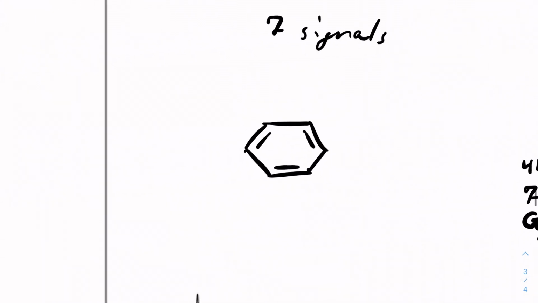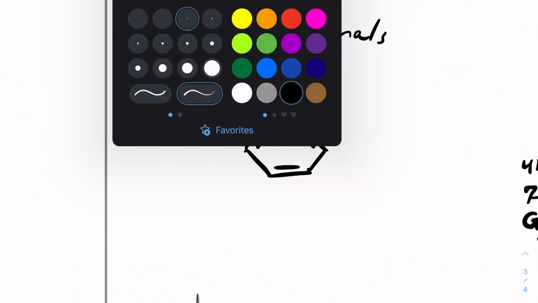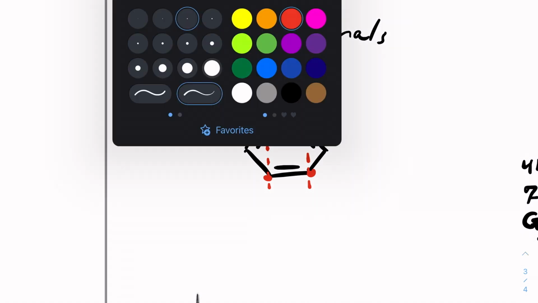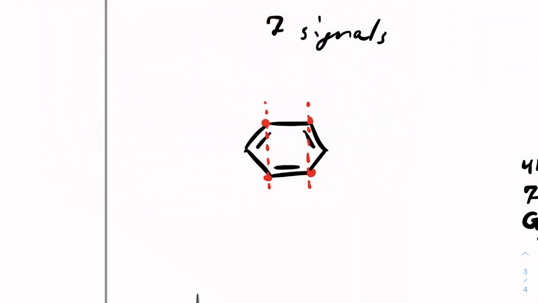So what we can go ahead and take from that is that these signals right here are the same, and these 2 signals right here are the same. So that's 4 hydrogens, 1, 2, 3, 4, exhibiting 2 signals. Alright, so I'm going to go ahead and get those out of the way now.